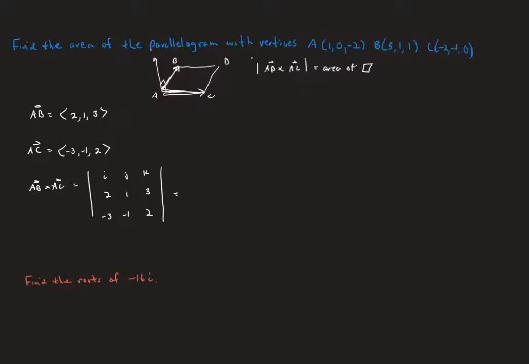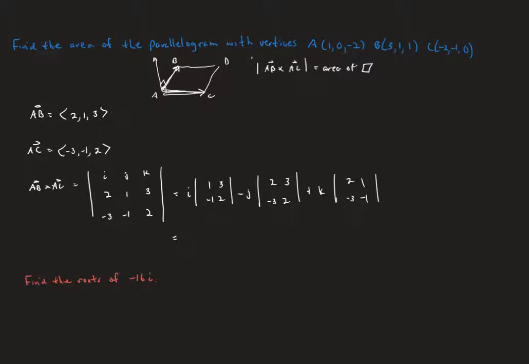So using expansion by minors along the top row, we're going to get i times its minor, which is 1, 3, negative 1, 2, minus, because you alternate signs, j times its minor, which is 2, 3, negative 3, 2, plus k times its minor, which is going to be 2, 1, negative 3, negative 1.